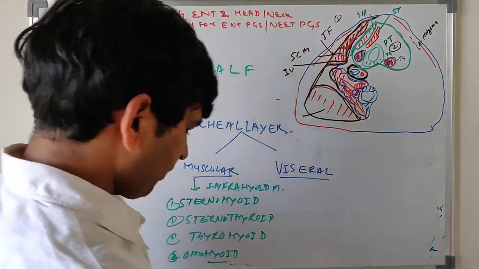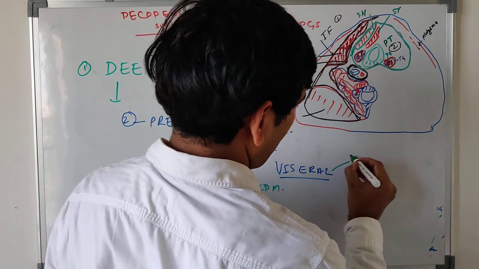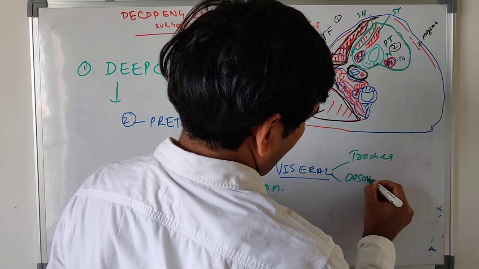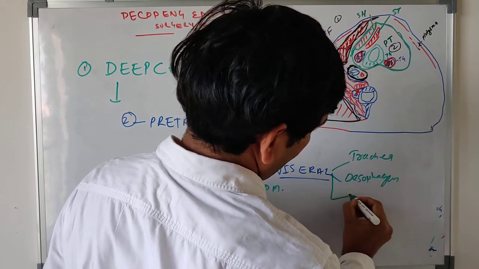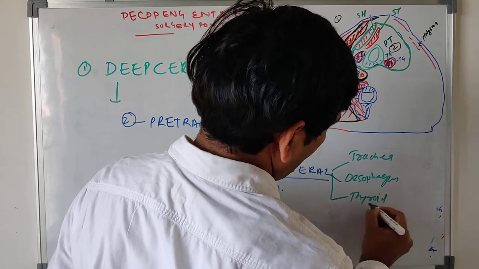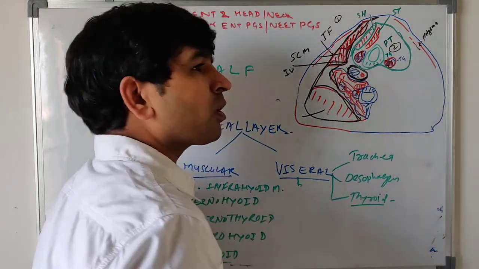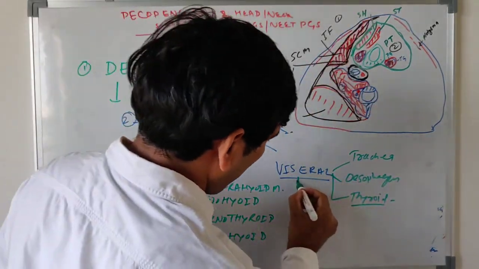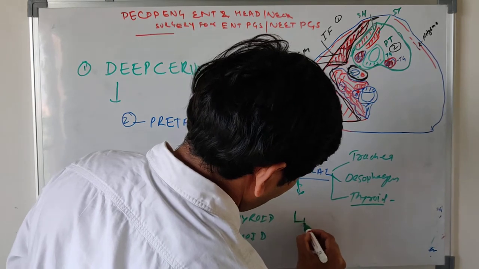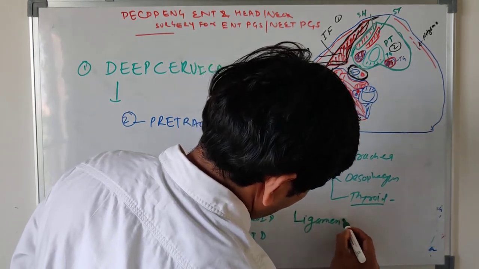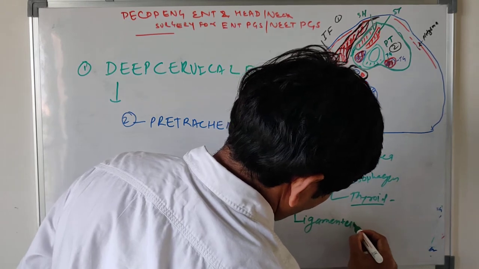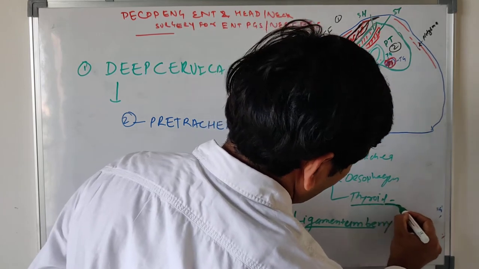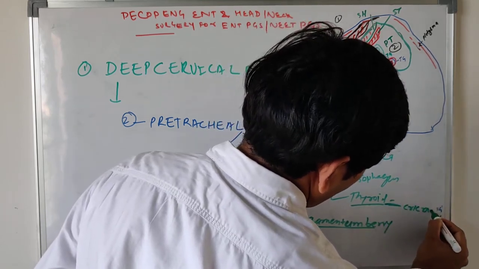The visceral layer covers the trachea, esophagus, and thyroid. At the posterior border of the thyroid and in front of the cricoid cartilage, it forms the ligament of Berry. The ligament of Berry attaches the thyroid to the cricoid cartilage.